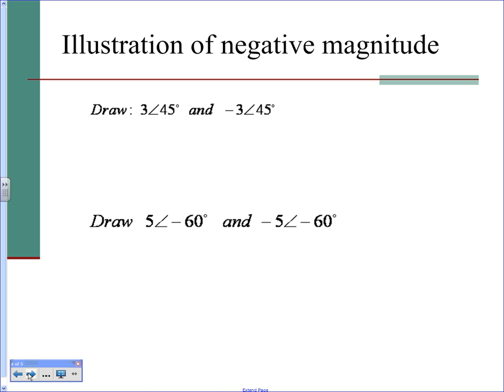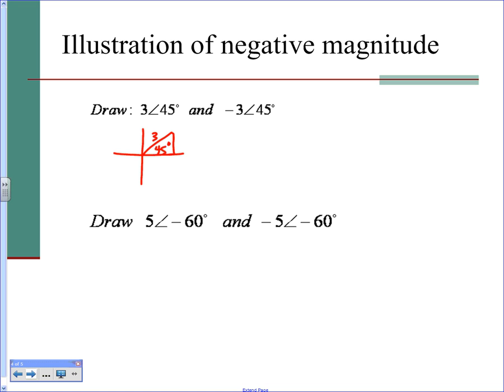We've done ones like this before, right? Someone go draw 3 at 45 degrees. Do you agree with this picture? 3 at 45 degrees in the first quadrant?